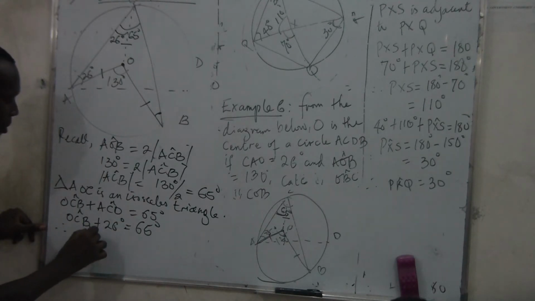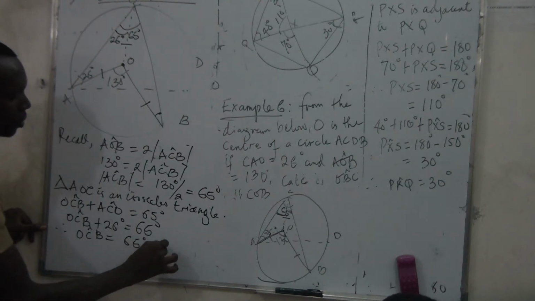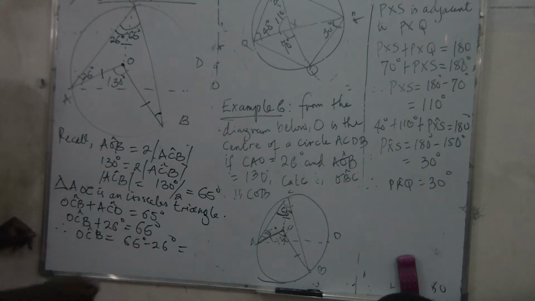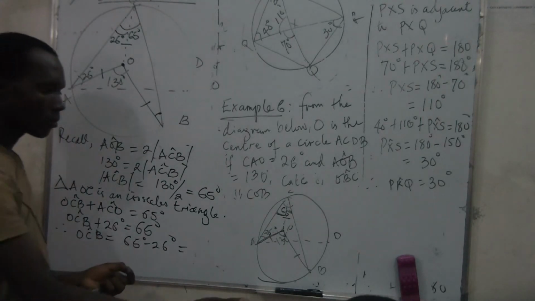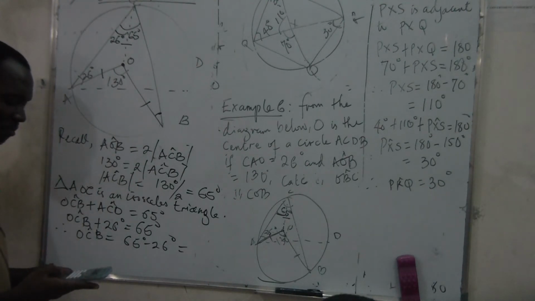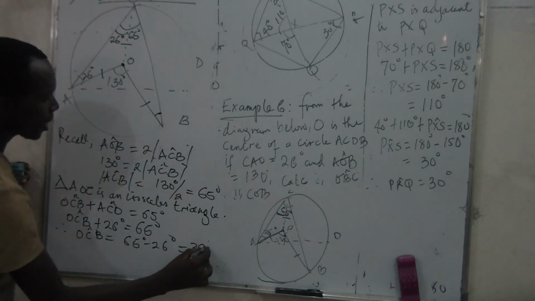Therefore, OCB is equal to 65 degrees minus 26 degrees. What's the difference? 65 minus 26, and that's 39 degrees.